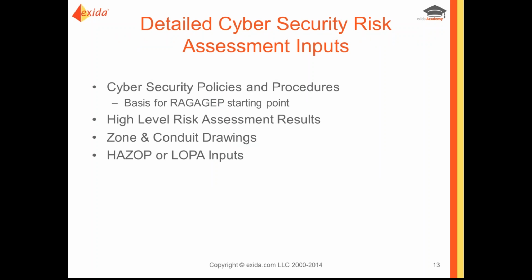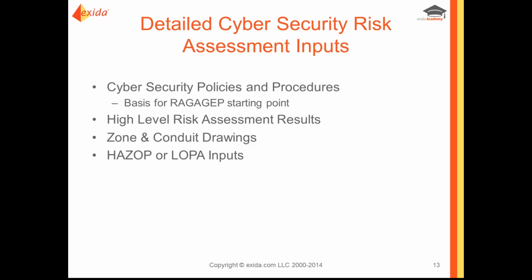So the detailed cybersecurity risk assessment inputs that are needed, as we mentioned, are the cybersecurity policies and procedures, and they're the basis for the recognized and generally accepted good engineering practices, RAGAGEP.